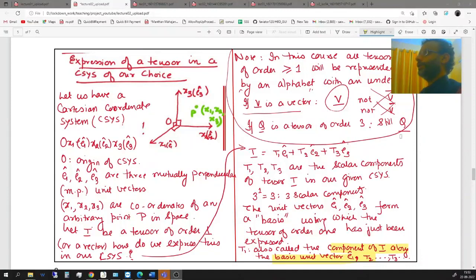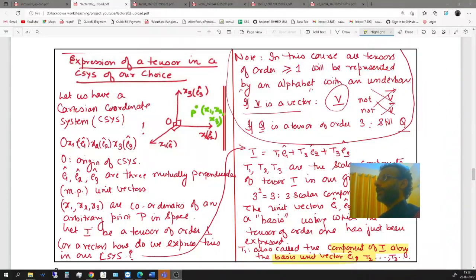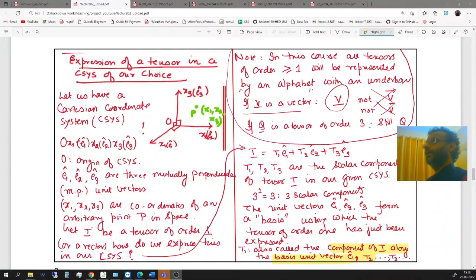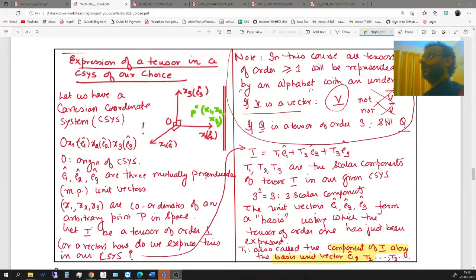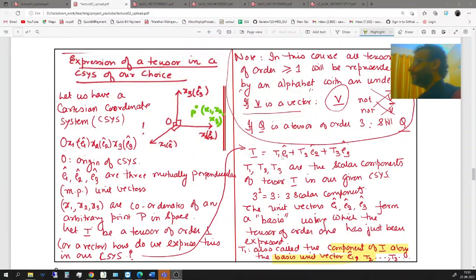So I am not going to make any distinction. For me, any tensor which is not a scalar will be denoted by an alphabet and an underbar.